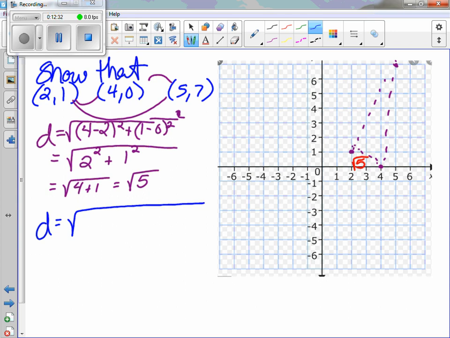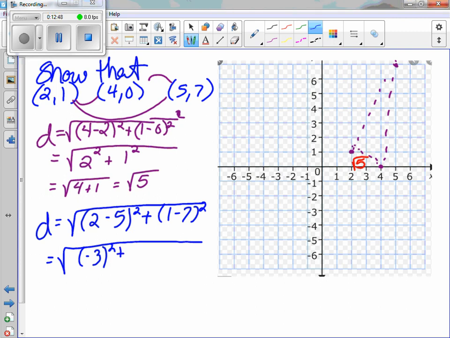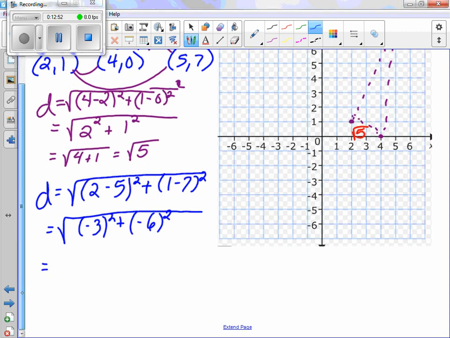Now we're going to do a second one. So we'll go from here to here. This time we'll do 2 minus 5 squared plus 1 minus 7 squared. So 2 minus 5 is negative 3. 1 minus 7 is negative 6. Well, negative 3 squared is still 9, plus 36, equals 45.